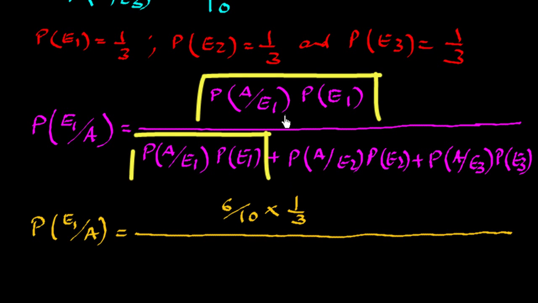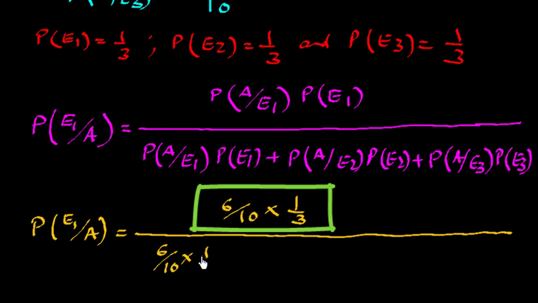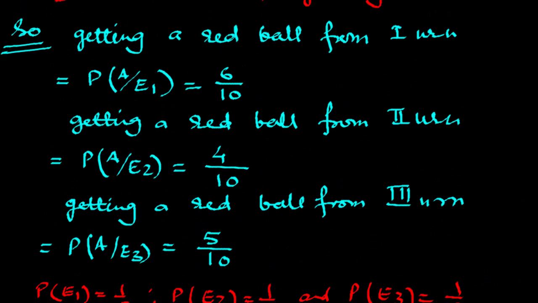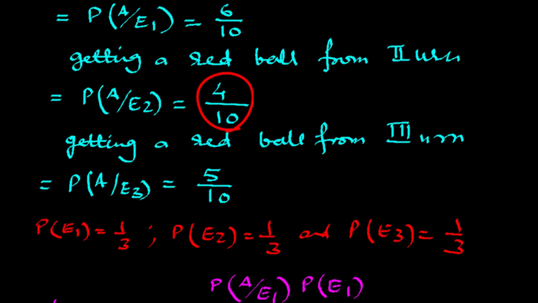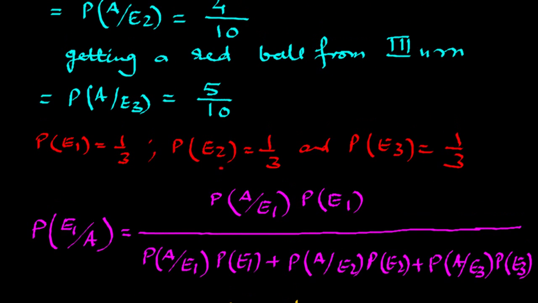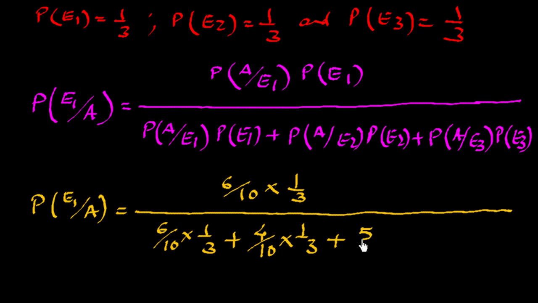In the denominator, the same thing: 6 over 10 into 1 over 3, plus probability of A over E2. A given E2 is 4 over 10, so we write 4 over 10 into the probability of E2, which is 1 by 3. And the third one, probability of A given E3 is 5 over 10, so we write 5 over 10 into probability of E3, which is 1 over 3.